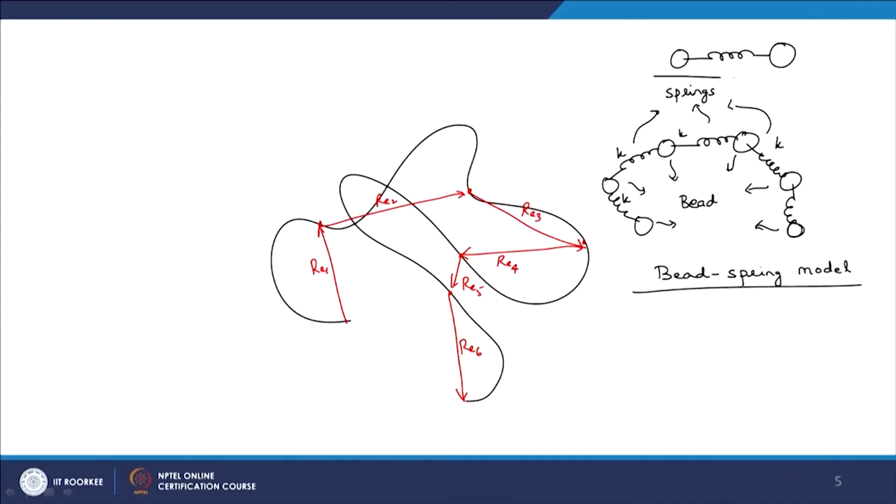That is one use of it. The other use of it is when I try to look at the dynamics of a polymer chain. If I used the earlier model, there is no internal flexibility being considered.